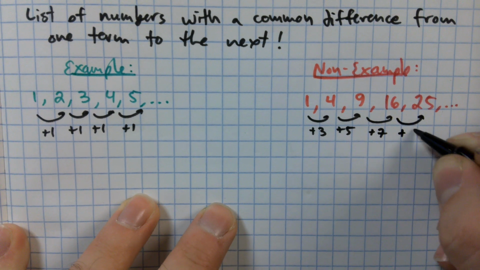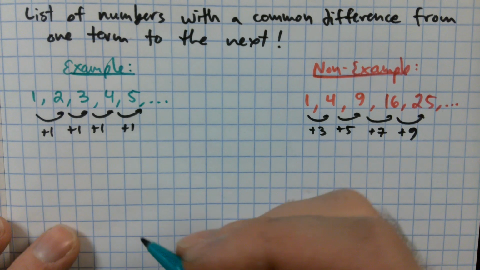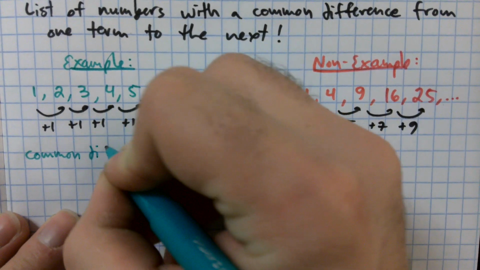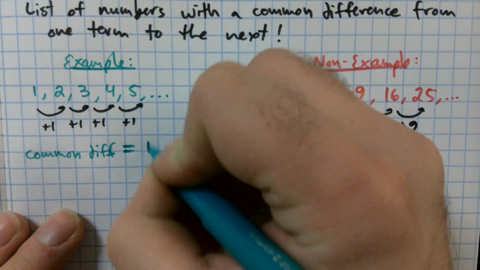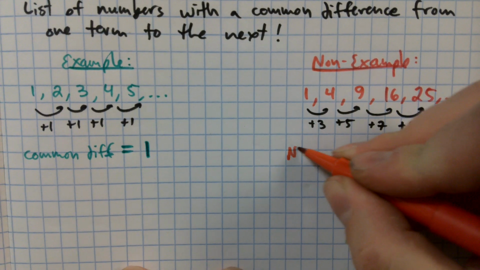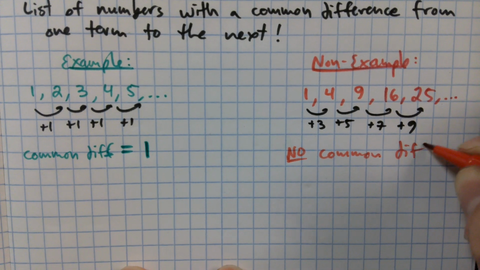From 16 to 25 is plus 9. So in this first example, our common difference was 1, but for this list over here, there is no common difference.